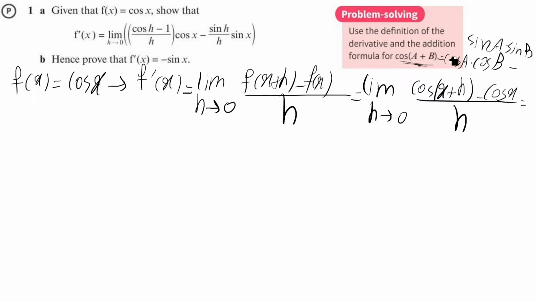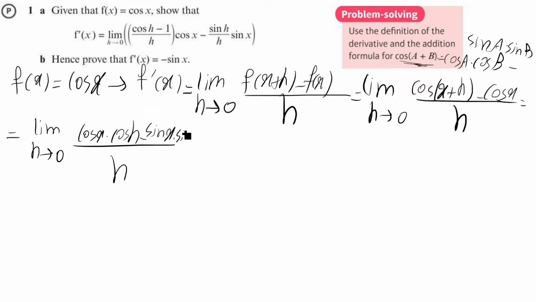So we're going to apply the same principle here, which will be limit of h approaches 0 of cos x cos h minus sine x sine h and minus cos x. And for the next step, we need to notice that we have a common factor here, which is cos x.